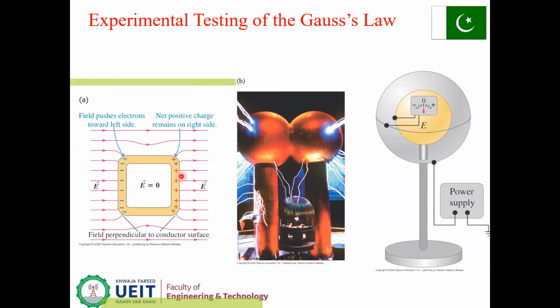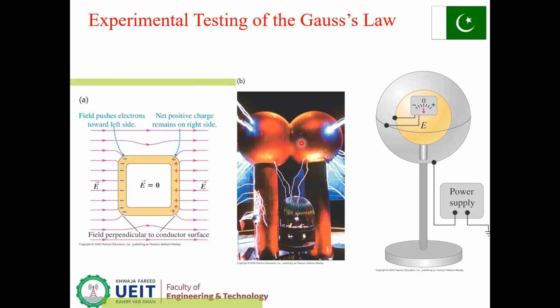The positive charges produce electric flux outside, and the negative charges produce flux inside. The field pushes electrons towards the left side, and net positive charge remains on the right side. So the field is perpendicular to the conductor surface.